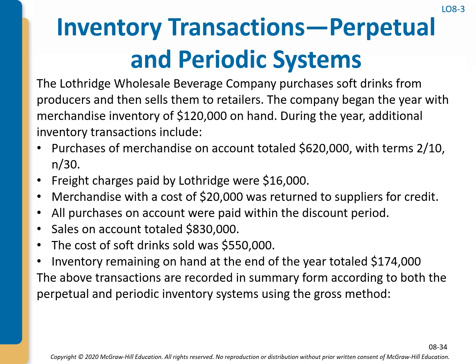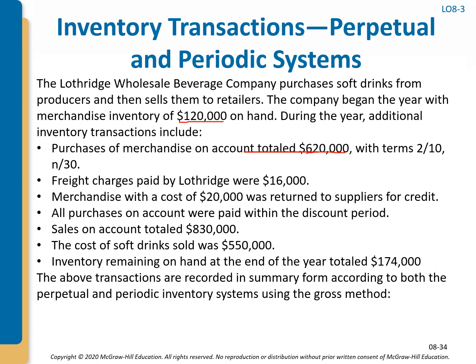Here's an example. The Lothridge Wholesale Beverage Company purchases soft drinks from producers and then sells them to retailers. The company began the year with merchandise inventory of $120,000 on hand. During the year, additional inventory transactions include purchases of merchandise on account that totaled $620,000 with terms 2/10, net 30.